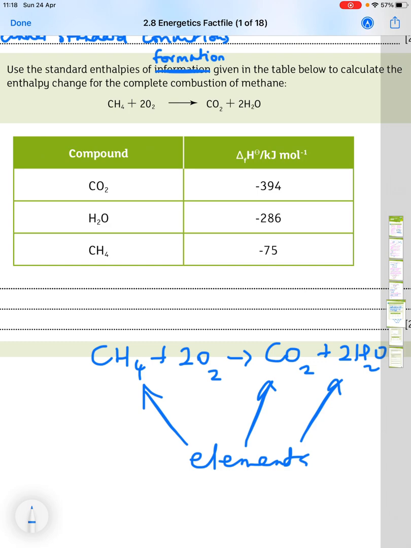So the enthalpy of formation of the methane is minus 75, carbon dioxide is minus 394, and the water is minus 286, and we've got 2 moles of it, so that's 2 times minus 286. I'm going to do that up here, so that would be 286 and 286. That's minus 572.